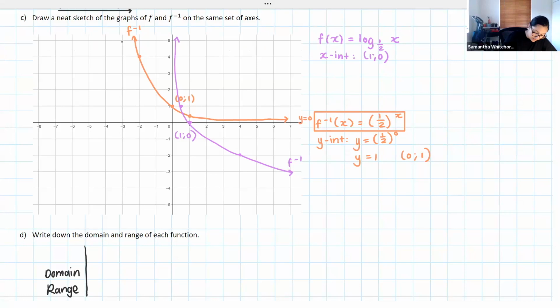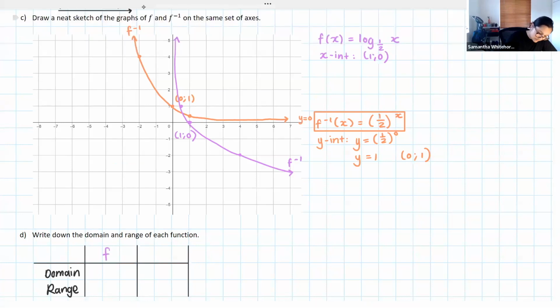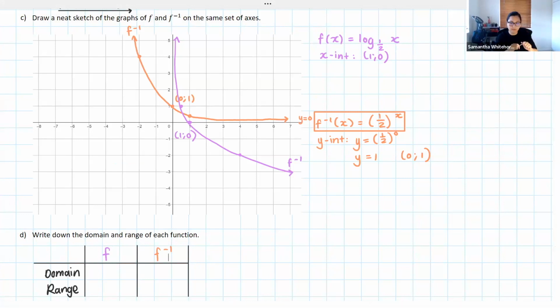Okay, so you're answering domain and range of both for me. And again, guys, we've done this quite a lot, so it shouldn't be hard.